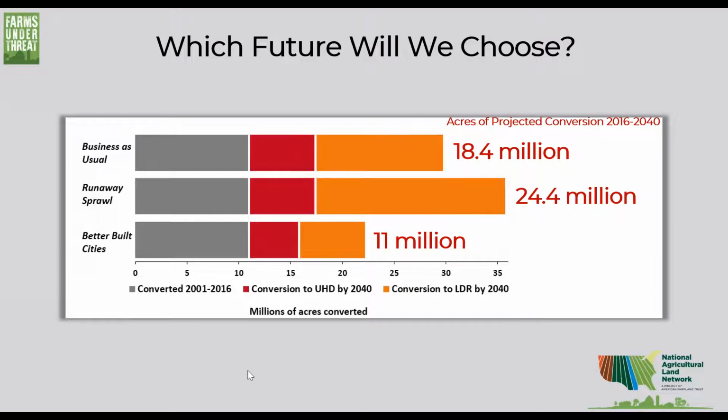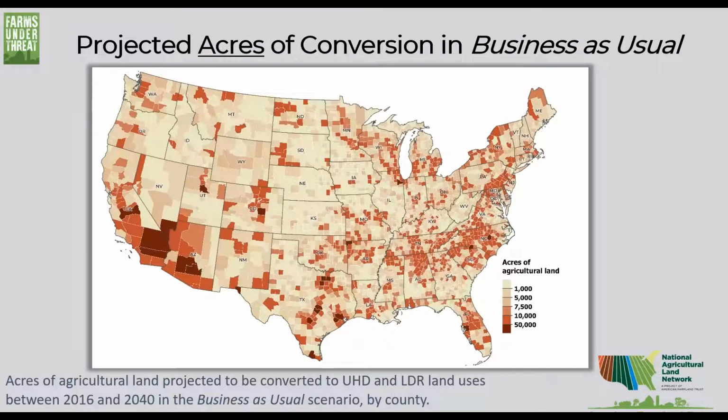So these next two slides we hope are helpful in showing how Colorado compares to other states. This slide shows projected total acres converted by county. The darker the red or the rust, the more acres are likely to be converted. So here you see a significant amount of that darker color in Colorado.